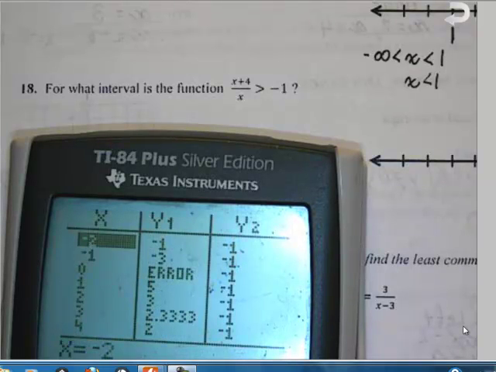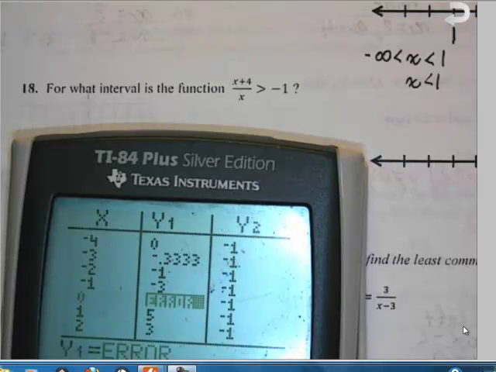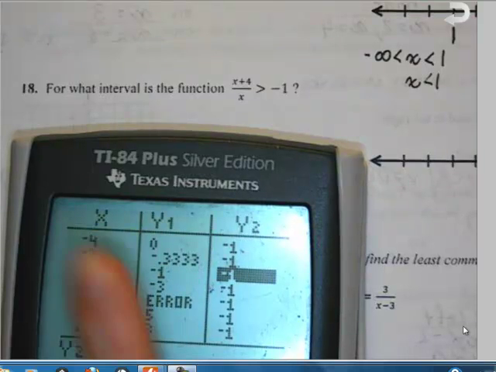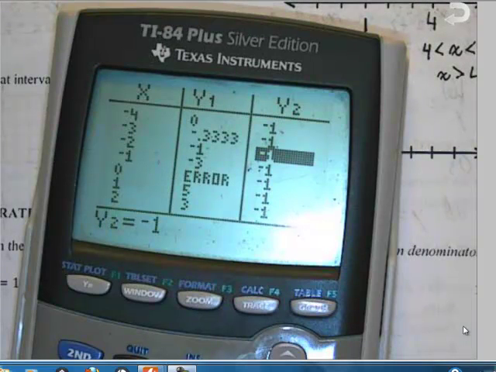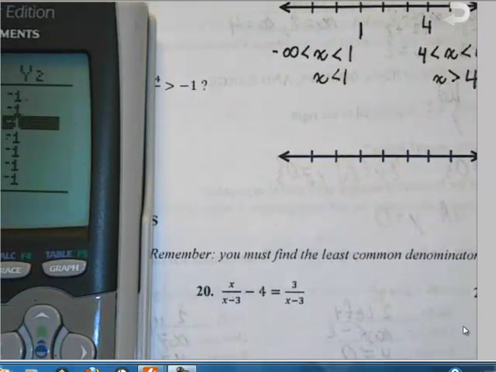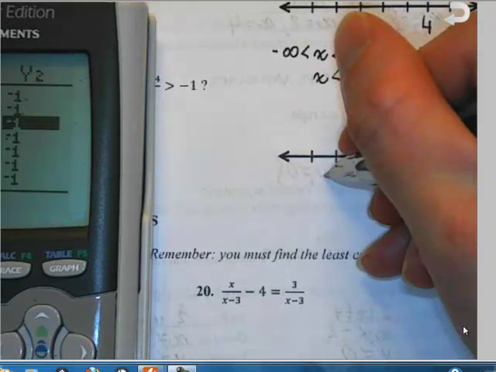So, we have found our asymptote where we have the error at x is equal to 0. And where x is equal to 2, we find that the two y values are the same, so that's the point of intersection. So, we have critical points of 0 and negative 2. 0 for the error, negative 2 for the intersection. So let's go on ahead and put a 0 here and a negative 2 here.